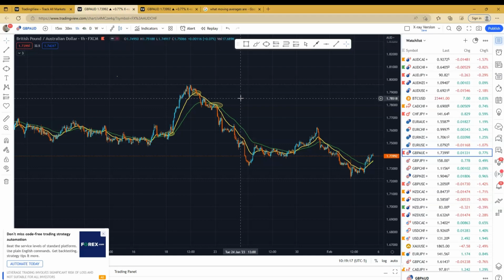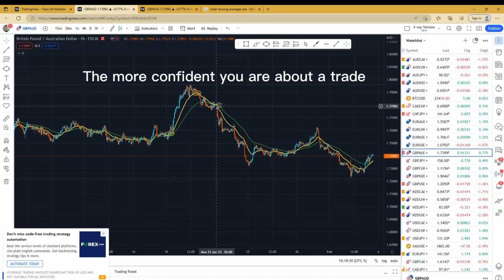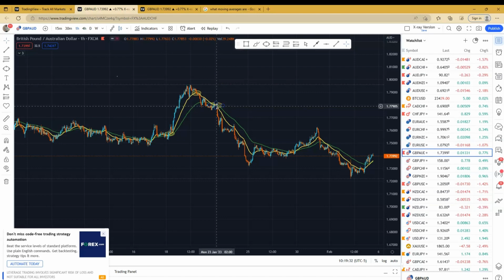This will help you with that, because now you're adding another moving average as a confirmation. The more confirmations you have, the more things that are lined up, or confluence, the more probable your trade is going to be. So that's why we added the other moving average.